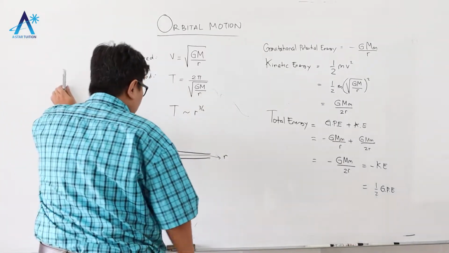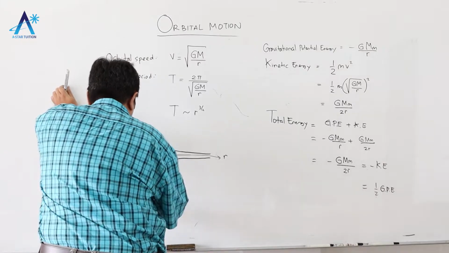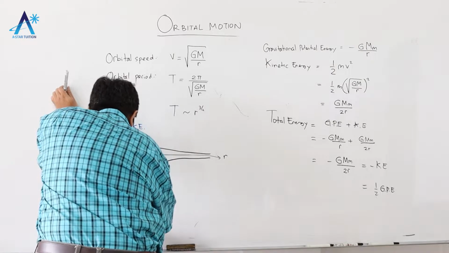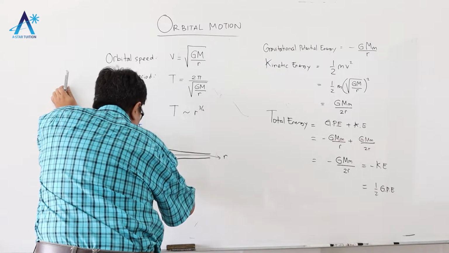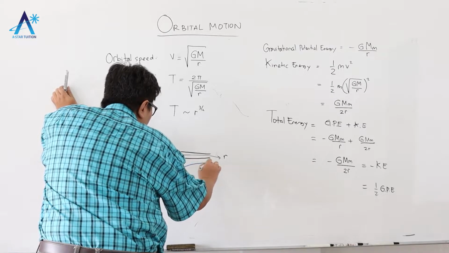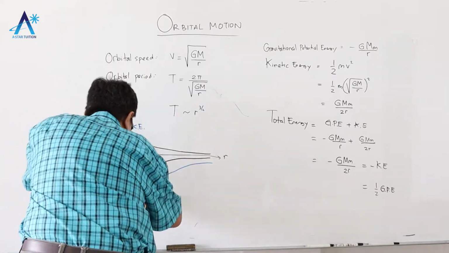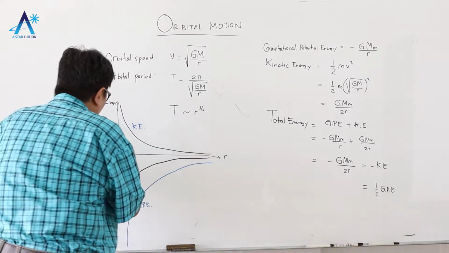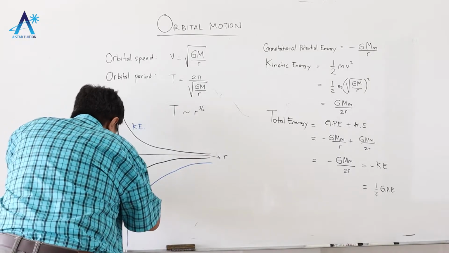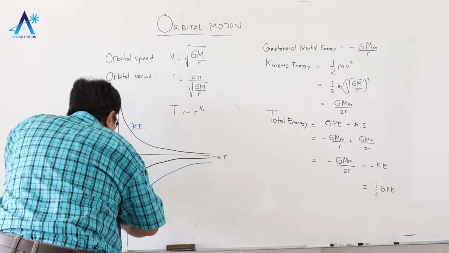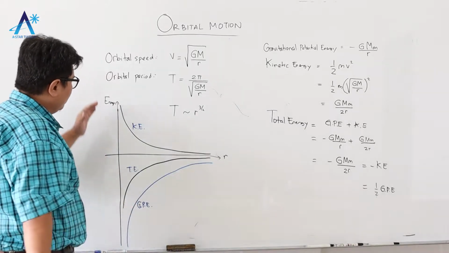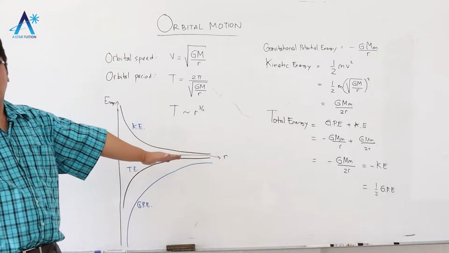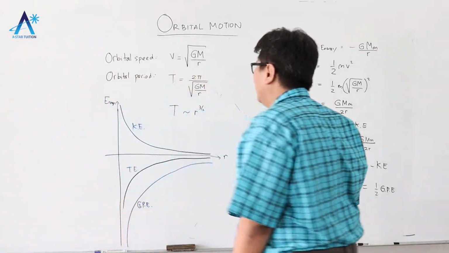Now the GPE is twice as much as the total, so it's going to look like this. I'm sorry, this is the gravitational potential energy. So this gives you the relationship between kinetic, total, and GPE as a function of orbital radius in orbital motion.